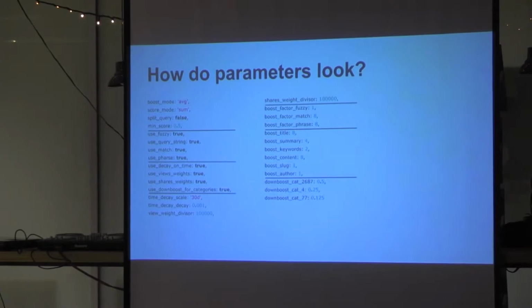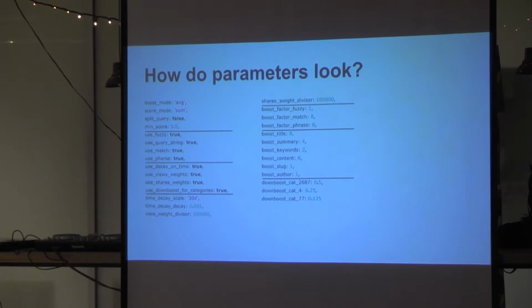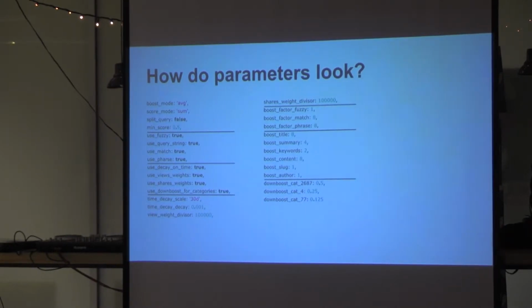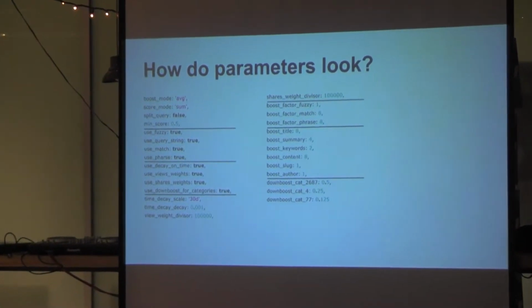So this is my parameter set for the search. Can you see this? No, I will not. So in the first group, there is the stuff that I was talking about before, how each scoring function is behaving in relationship to the other scoring functions. Then the second section is about which kind of search to use. The third section is about this decaying stuff that I was showing before. The fourth section is still about it.